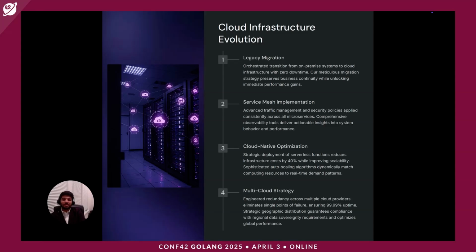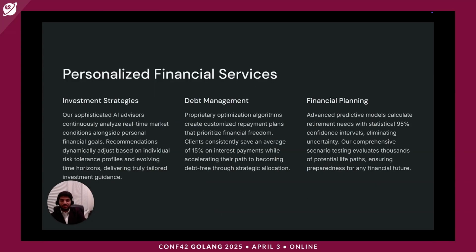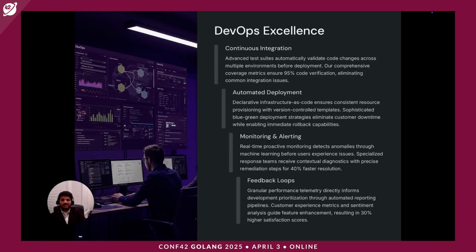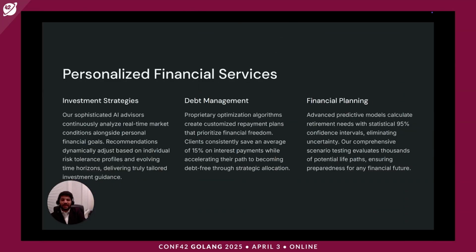Now that we have covered scalability and cloud efficiency, let's talk about what really matters to customers. Personalized financial services. Let's move into it. Coming to personalized financial services, AI-driven finance is reshaping the way customers manage their money.